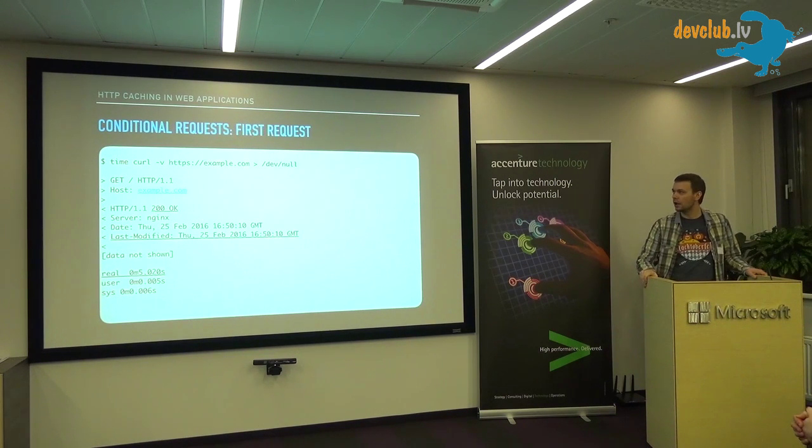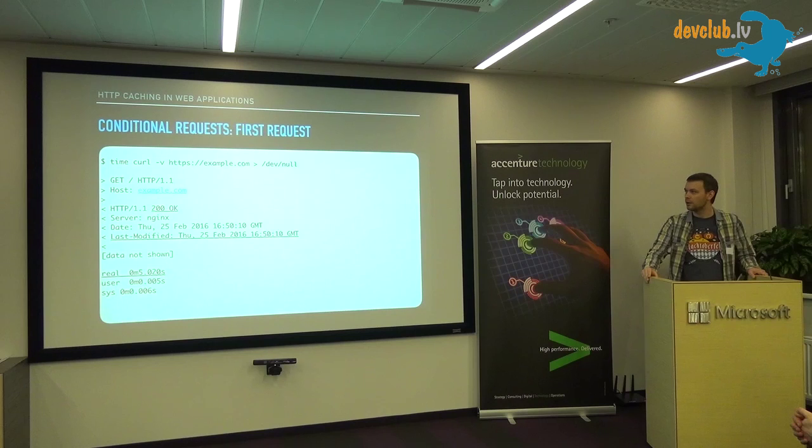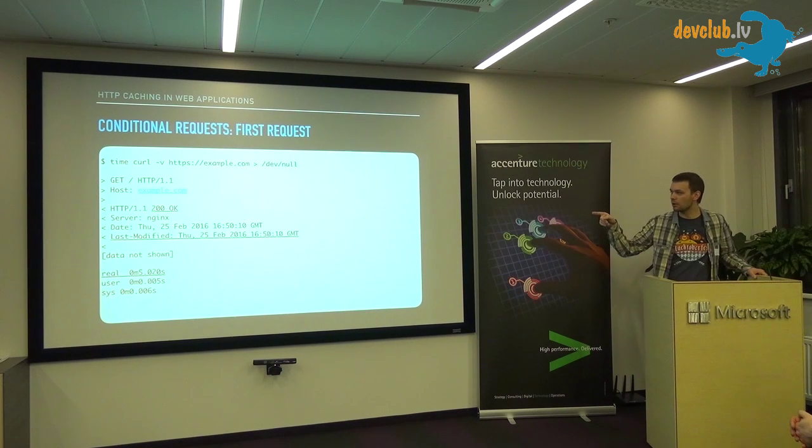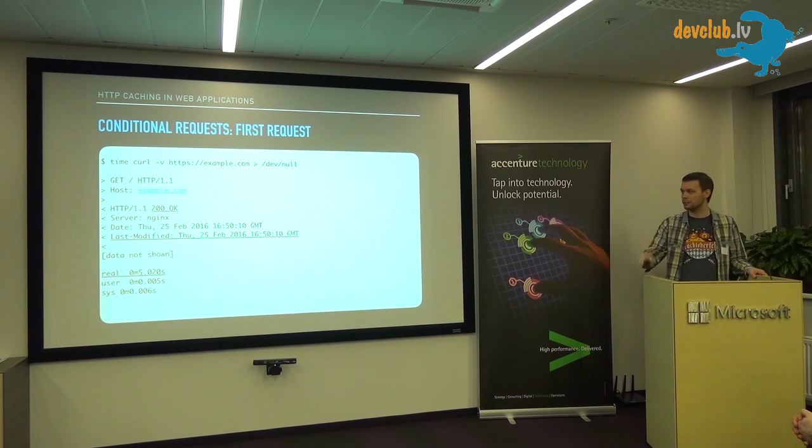So here's another example of a curl request. Again, in this request, I mimic the execution of the script, and you can see that we're not sending almost any request headers, only the host, and the response is HTTP 200, and it also has the Last-Modified header added by the script.